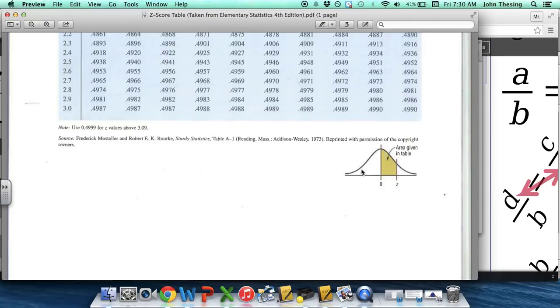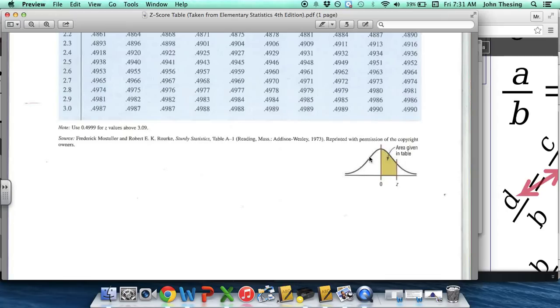So 93.57% of people are above you if you're right here with a z-score of negative 1.52. If that many people are above you, what percentage of people are below you? Just do 100% minus whatever that is. So 100% minus 93.57% gives us 6.43%. So if you have a z-score of negative 1.52, then your percentile rank would be 6.43%, because all we did was take the 43.57 from the table, add it to the 50 over here, decide that I must be below that percentage of people, and then take 100% minus that number.